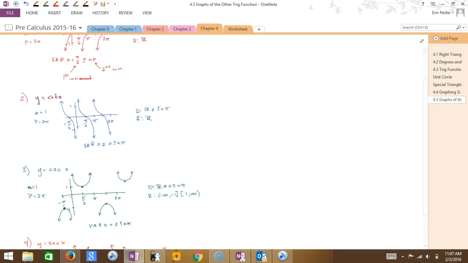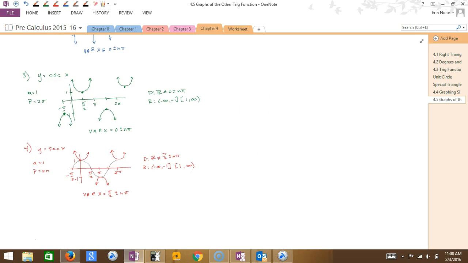So the way I remember this, just as a hint for you, what do you notice about cotangent and cosecant? Very simply, they both start with the letter C. So that's how I remember, is I remember that the 2 functions that start with C have a vertical asymptote that start at 0. And the other ones start at 1 increment to the right. Okay, so that's just how I remember.